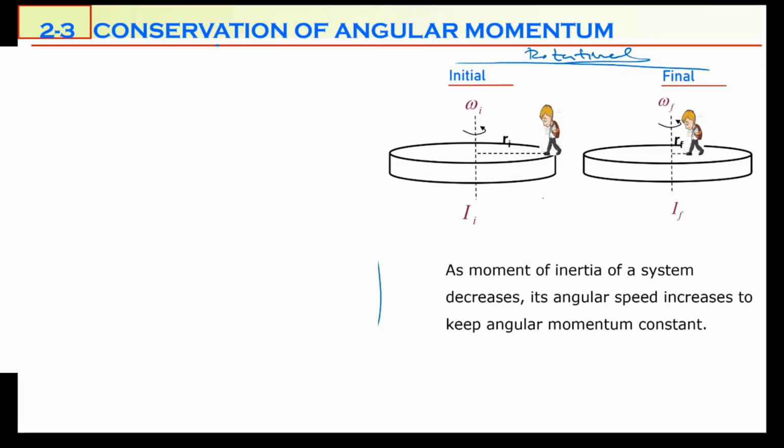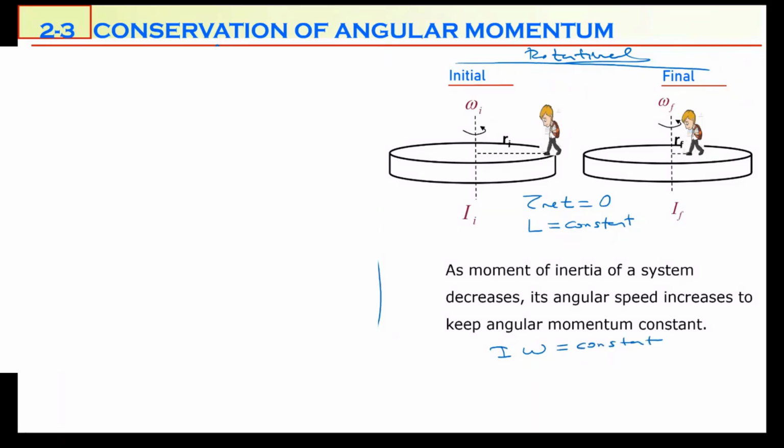Remember, we said that if net torque acting on an object is zero, external torque is zero, which means angular momentum is constant. Angular momentum is constant, which means the angular momentum equation is what? I times omega must stay constant.